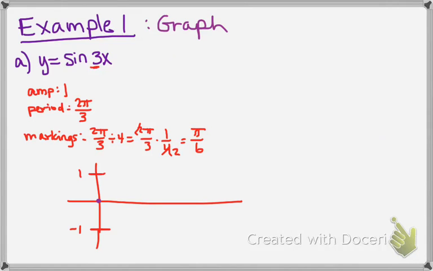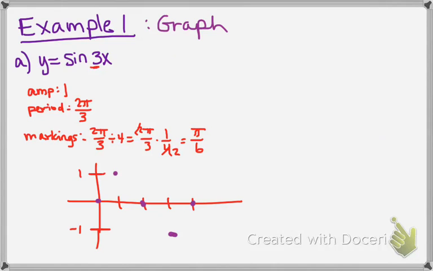So I know my first one was at 0, and then 2, 3, 4, 5 with a sine curve. Remember the order that it goes in. So the sine started at 0, 0, then it goes up to a maximum. My maximum, remember, is going to be at 1, back down to an intercept, so I put it at an intercept, down to the minimum, which we said earlier was -1, and then back up to my x-intercept. So there's my first curve.